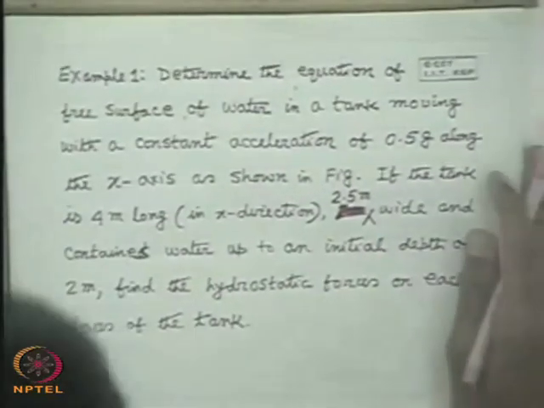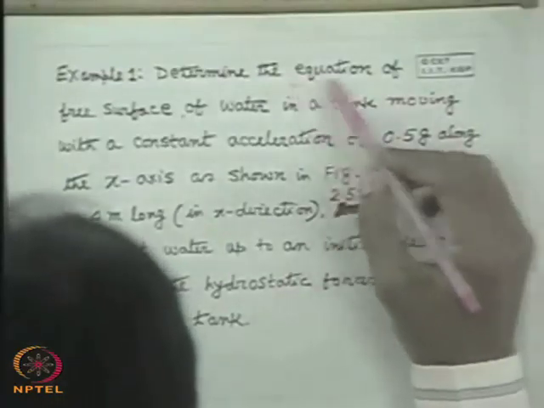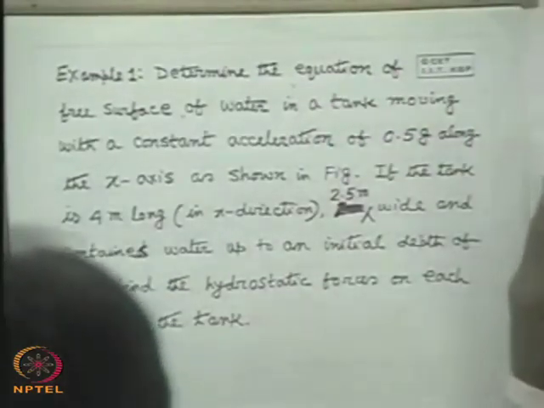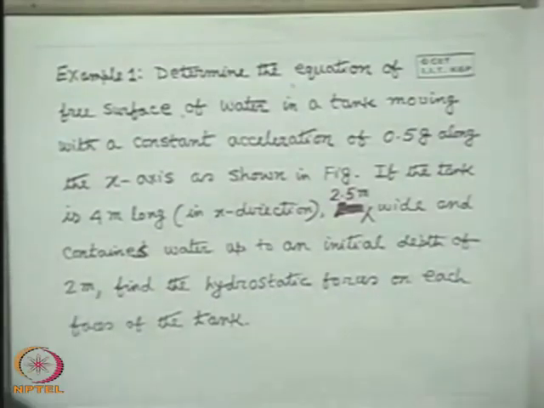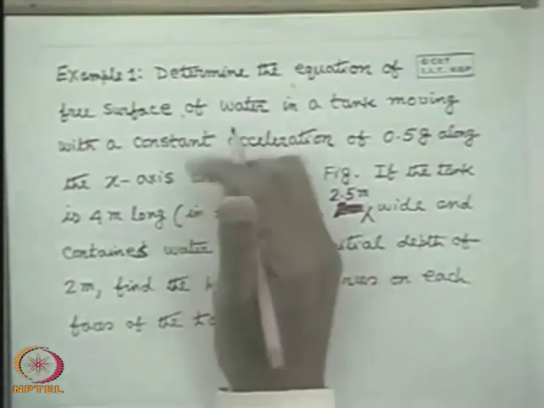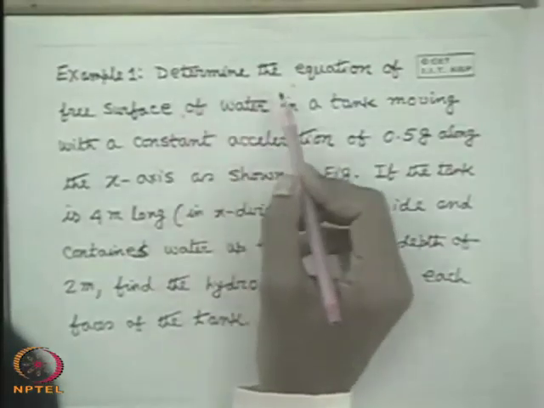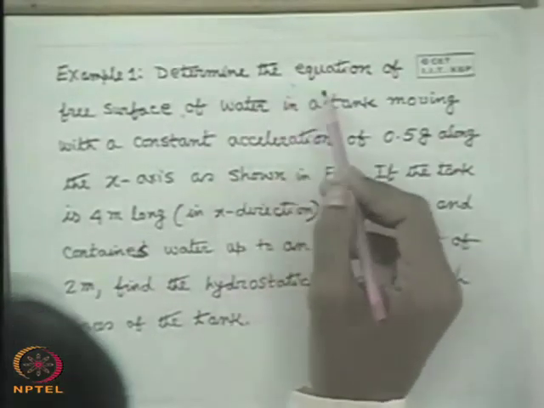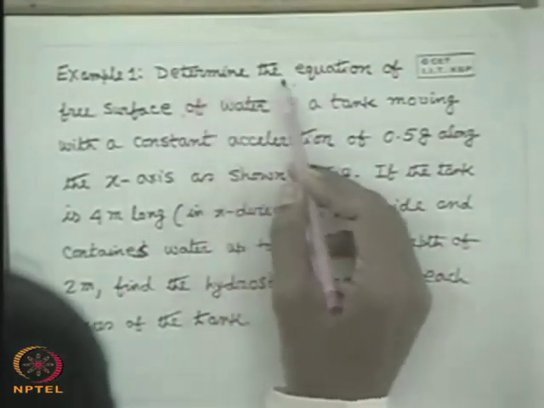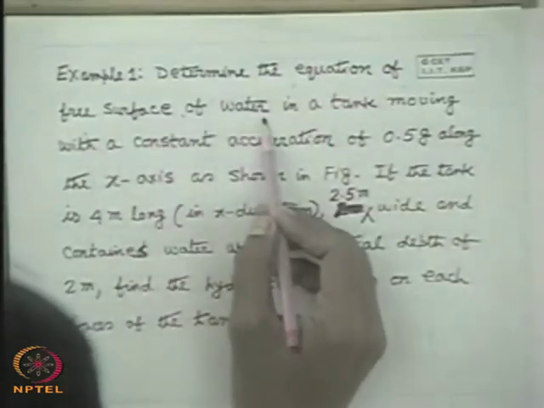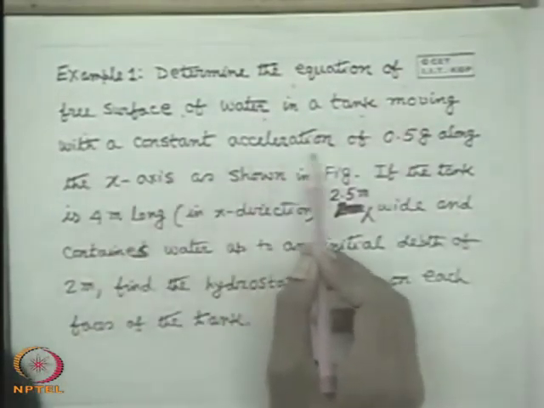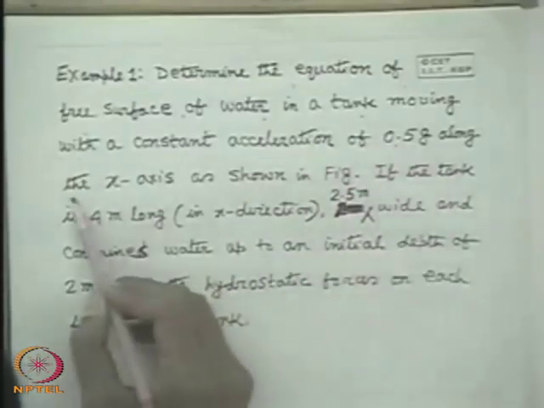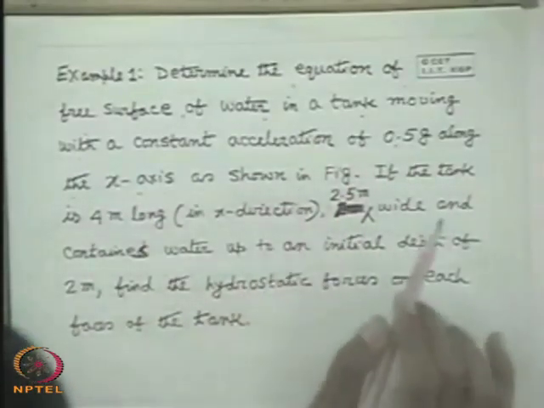Example 1. Determine the equation of free surface. This problem is of course a worked out example in my book, but still I have given some extension to this problem. The first part is worked out, which is a straightforward application of the equation that we have derived just now. Determine the equation of free surface of water in a tank moving with a constant acceleration of 0.5 g along the x-axis as shown in the figure.